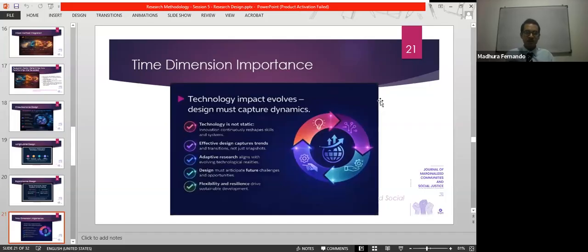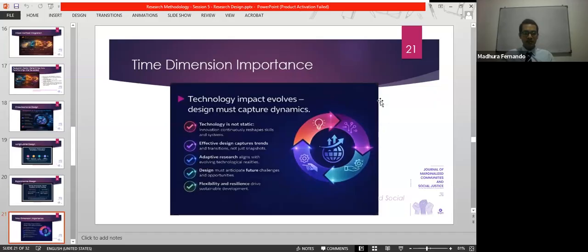And you become an adaptive researcher. Adaptive research aligns with evolving technological realities. Technological realities are always evolving, and then human psychologies are always evolving depending on the technological realities. So, from one side, you are finding the social impact, from the other side, you are finding the technological impact. Then you can combine these two disciplines, huh? Then you can find the interplay of technological variables and social variables.